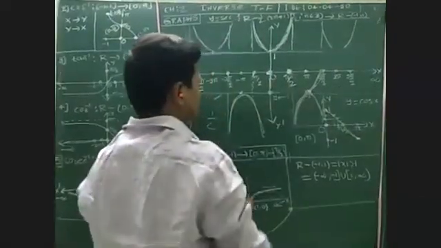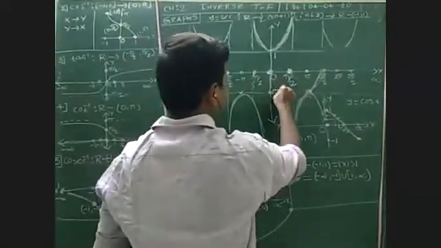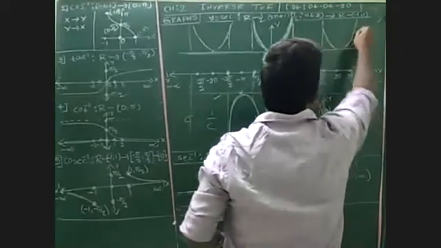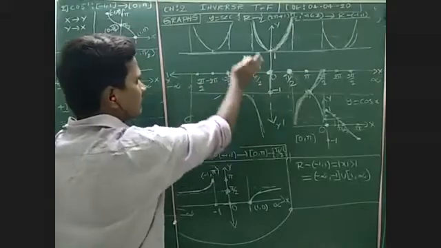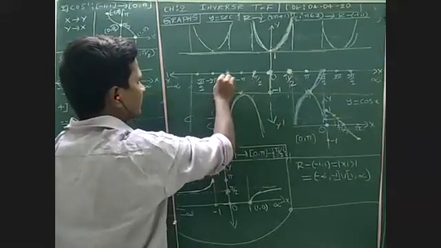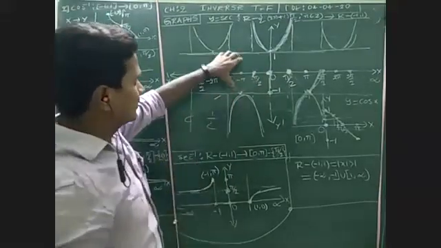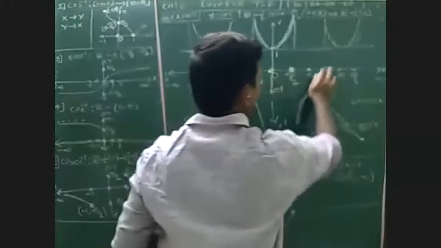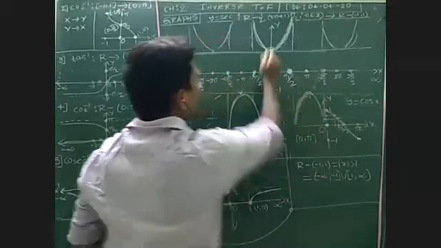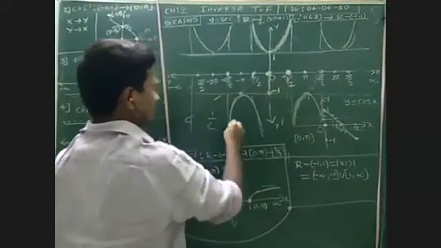Look at here. This is -1. The graph of secant x doesn't exist between -1 to 1, but the secant x graph will exist above 1 and below -1. This is the graph.